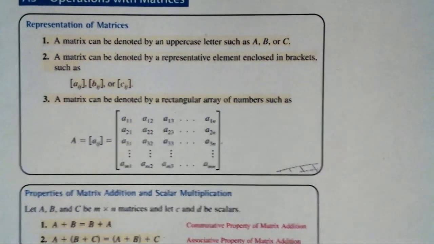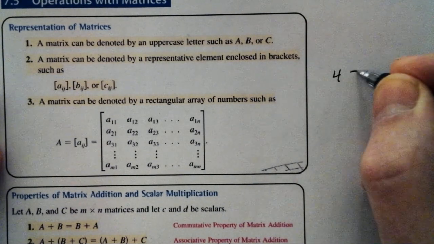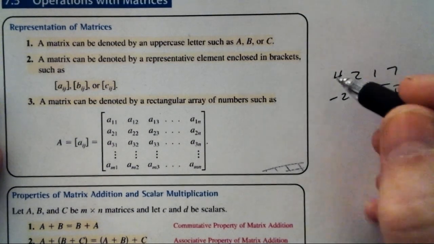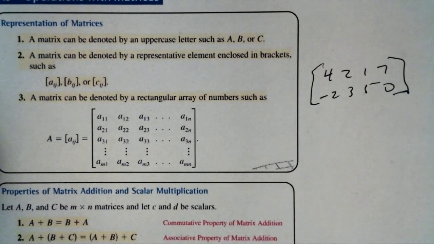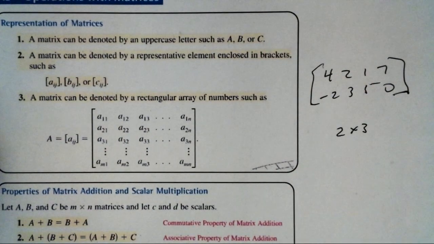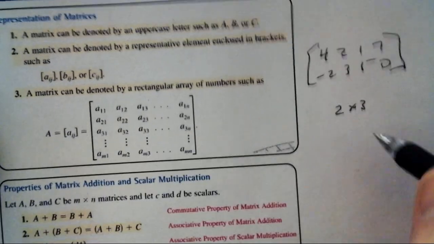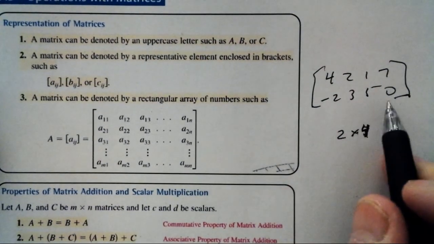One thing I do want to comment on before we get into the problems is if we had a matrix 4, 2, 1, 7, negative 2, 3, 5, 0, it's important to recognize the order of a matrix, and the order is just the dimensions of the matrix. Excuse me, that was silly, this is a 2 by 4 matrix, 2 rows, 4 columns.